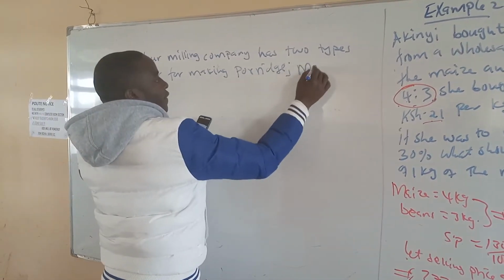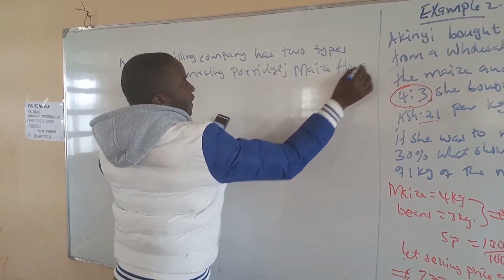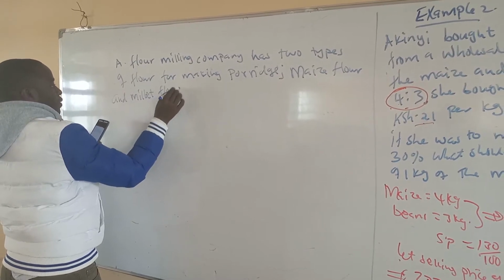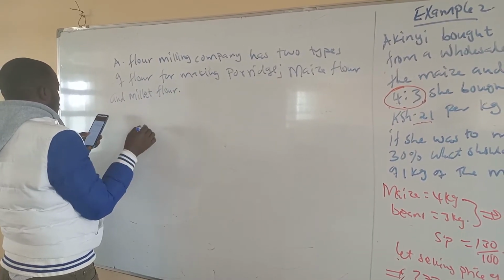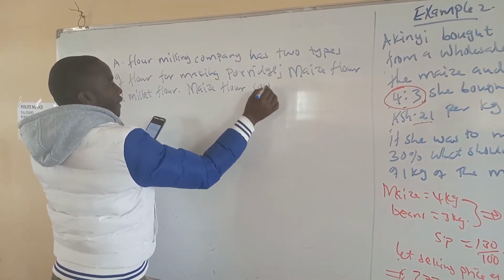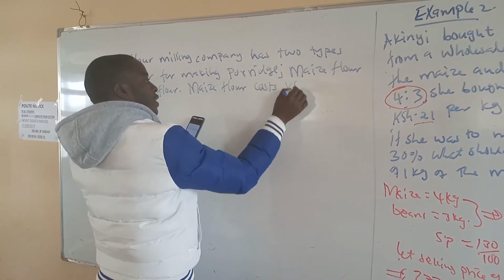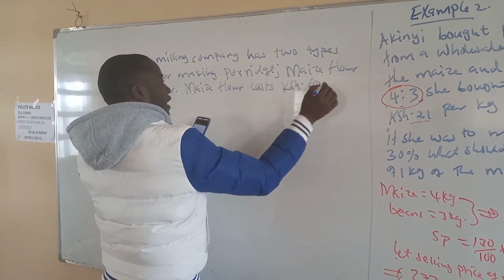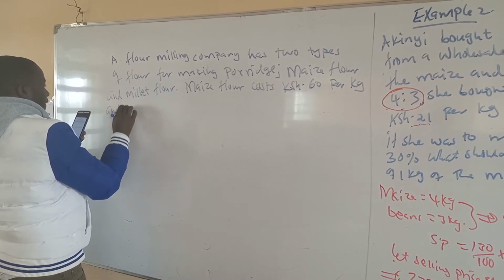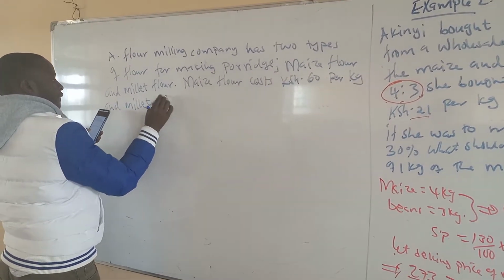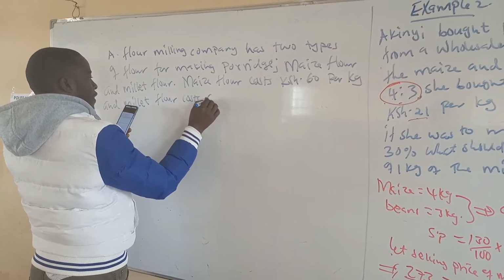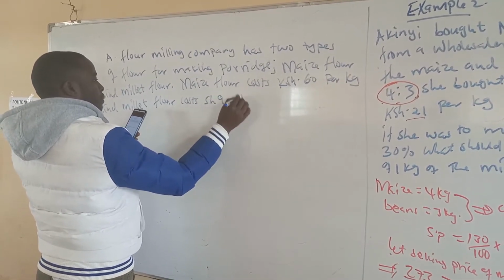That is maize flour and millet flour. Maize flour costs 60 per kg, and the millet flour costs 90 per kg.